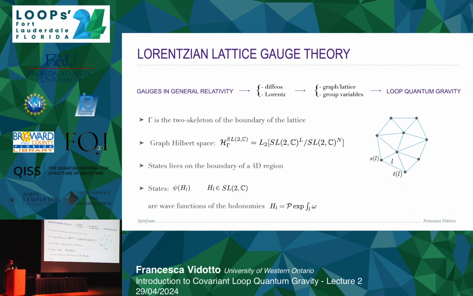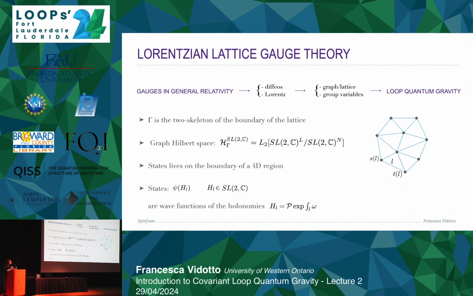So I need to find a subspace in my new Hilbert space that is isomorphic to the one I had before. Any question? So the core of the story is that we need to make sense of defining how to constrain this new Hilbert space so that it fits with the one that we had before.